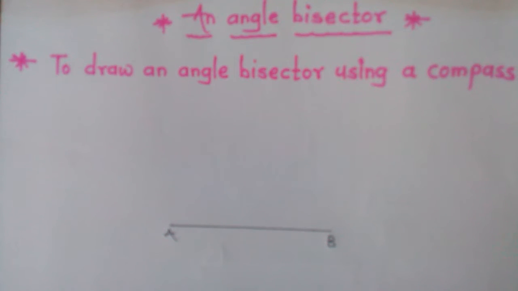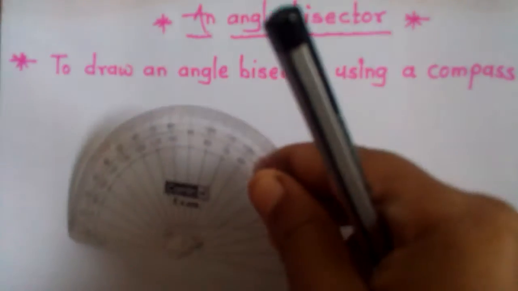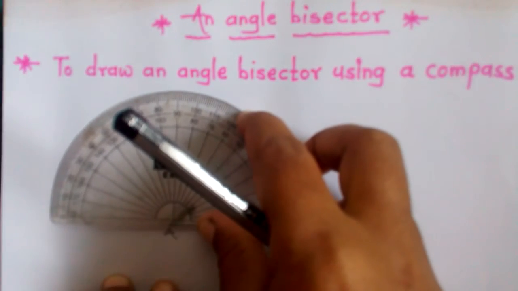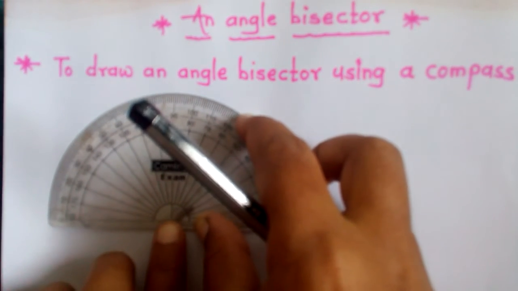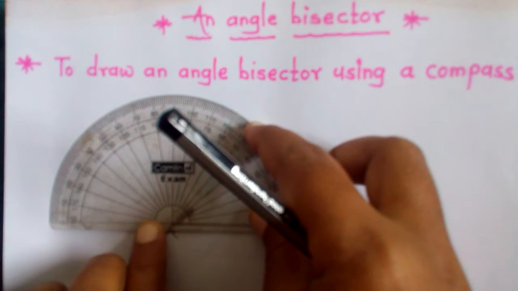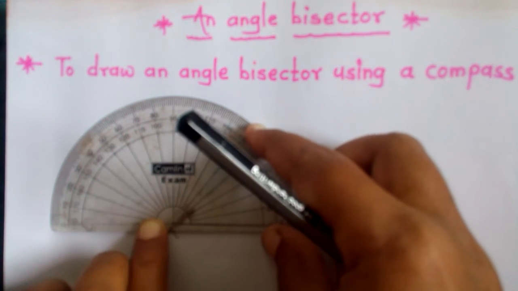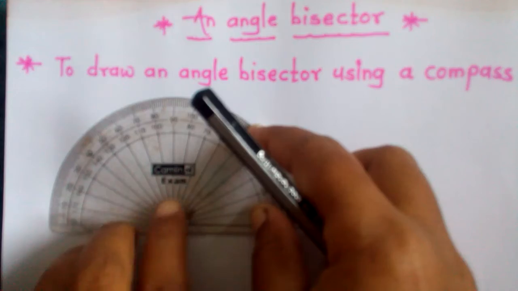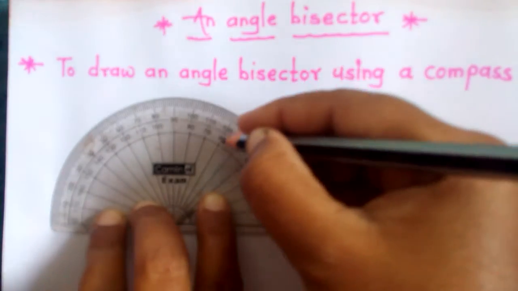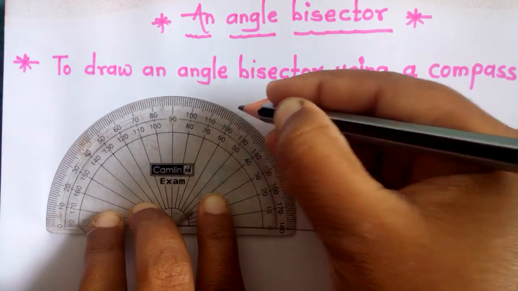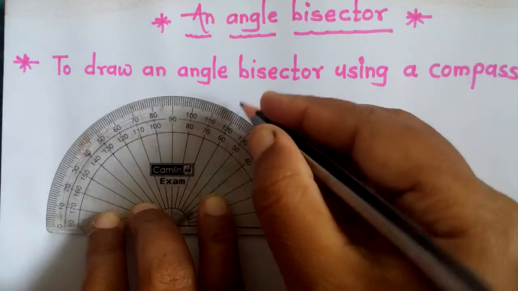Then use a protractor. With the help of the protractor we draw the angle. Suppose we draw a 60-degree angle. See here, 60 is here.